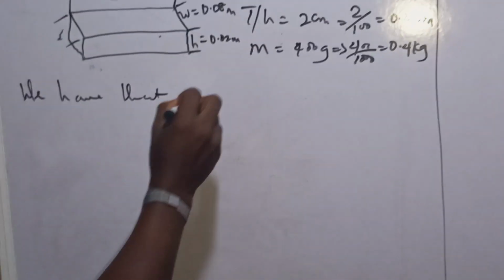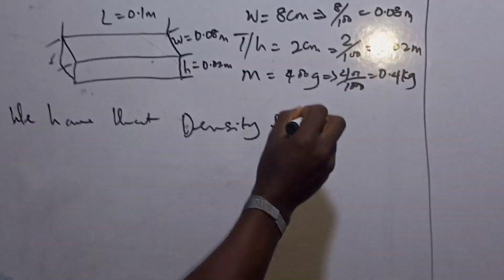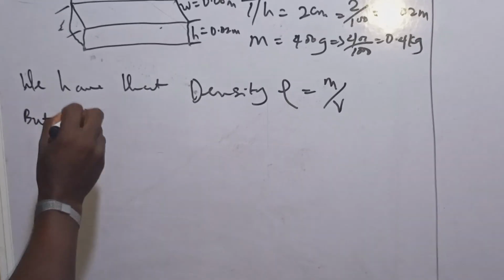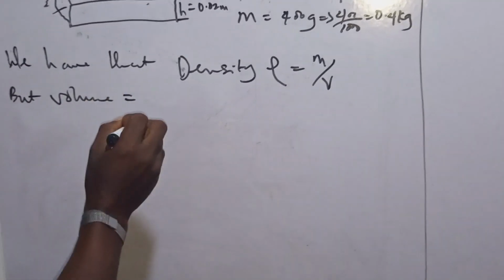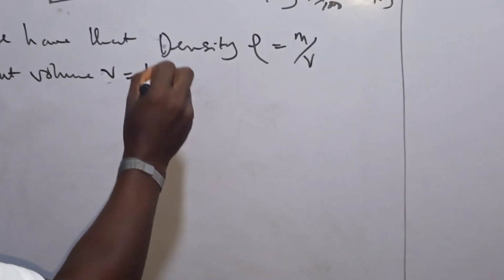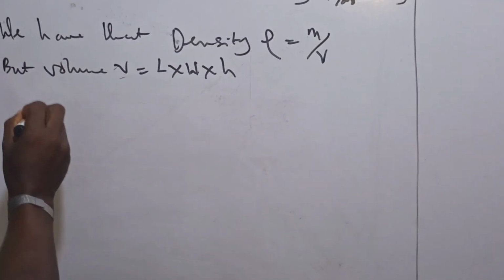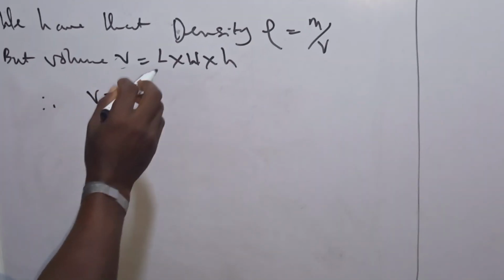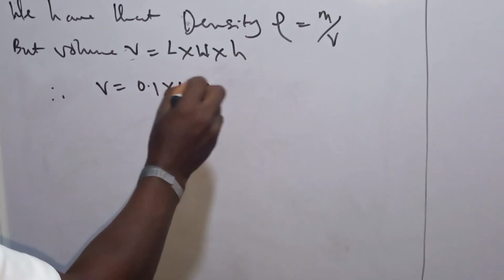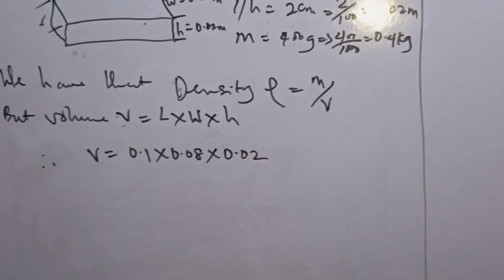Let me just state it. We have that density is equal to mass over volume. But volume V is equal to length times width or breadth times height. Therefore, the volume here will be the length 0.1 times the width 0.08 times the height, which is 0.02.